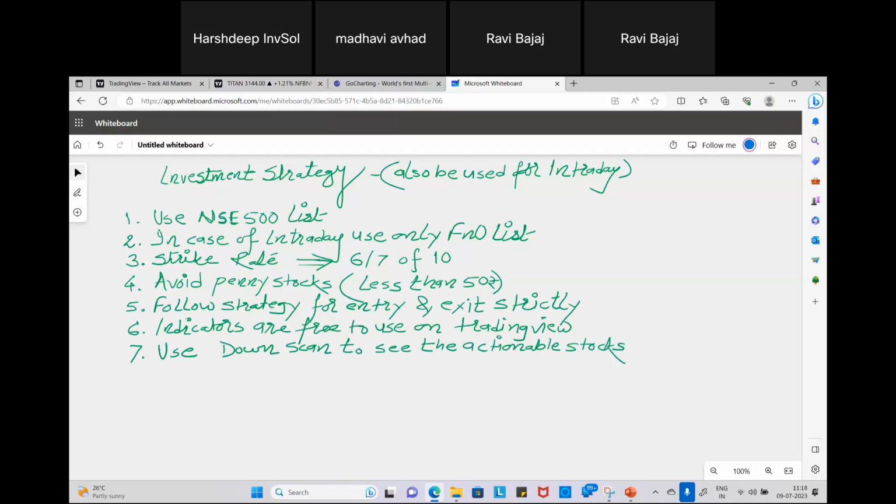What does it mean? We have shared a free DAO scan to everyone already on the main group. So all those who want to use this can use the DAO scan.